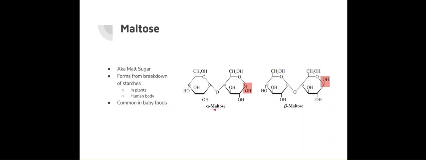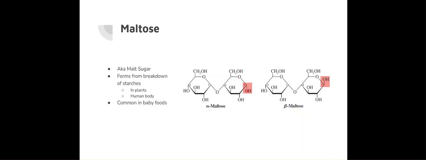And you can see here that this is alpha maltose, and you can also have a beta maltose, where they have a different configuration, where this one has the OH group on the opposite side of the plane from this alcohol group.